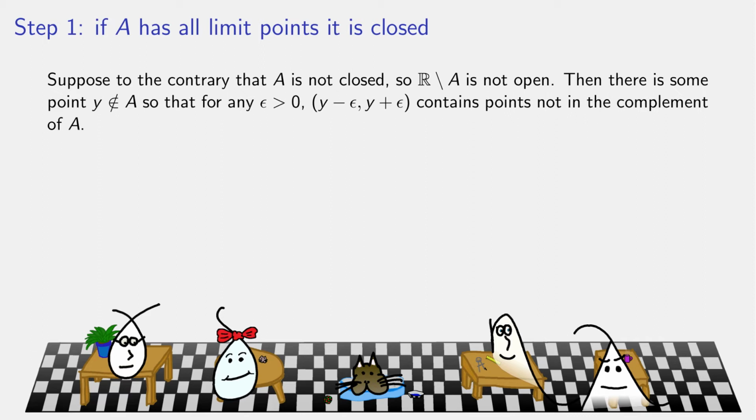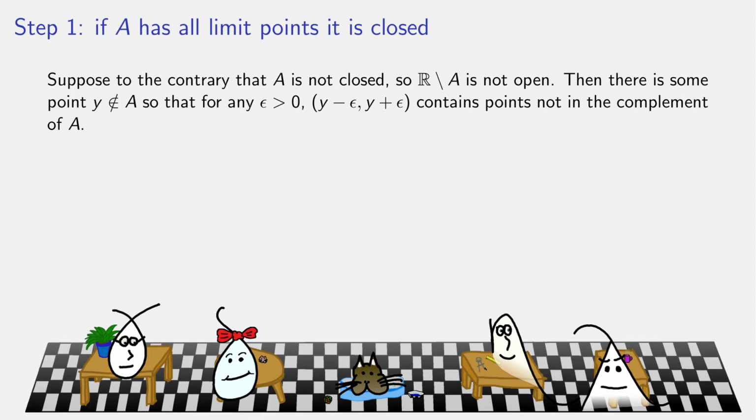So if R minus A is not open, not every point does this. So there is some point, and I'll call it Y, that doesn't have the property that there is an epsilon so that interval is a subset of the A complement. So there is some point Y so that for any epsilon, Y minus epsilon to Y plus epsilon is not a subset of A complement.